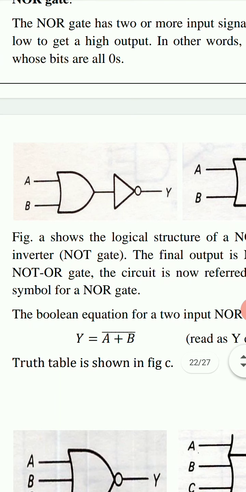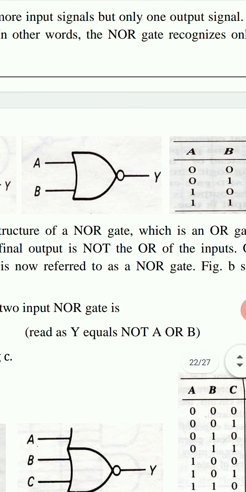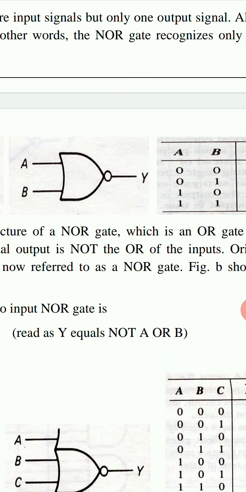This circuit, which contains one OR gate followed by a NOT gate, we write as this symbol, which is the symbol of an OR gate, and a bubble is formed which represents a NOT gate. So this is the symbol for the NOR gate.